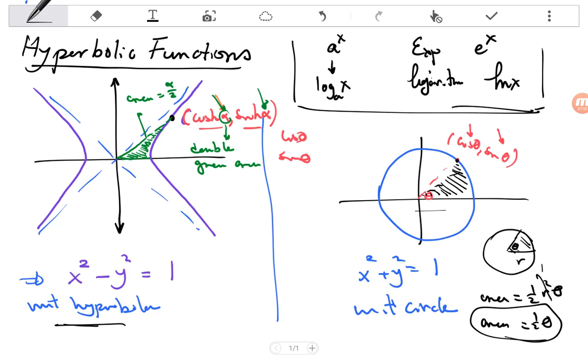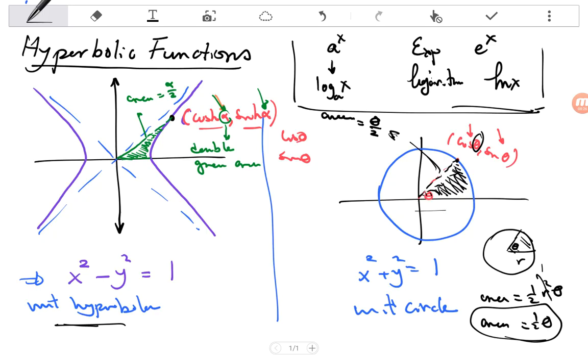If you take a straight line to the origin and you calculate this black area, it will just be half of the parameter that you are talking about. So in this case, it will be theta over 2. The area of this black part will just be half of theta, or half of the parameter.